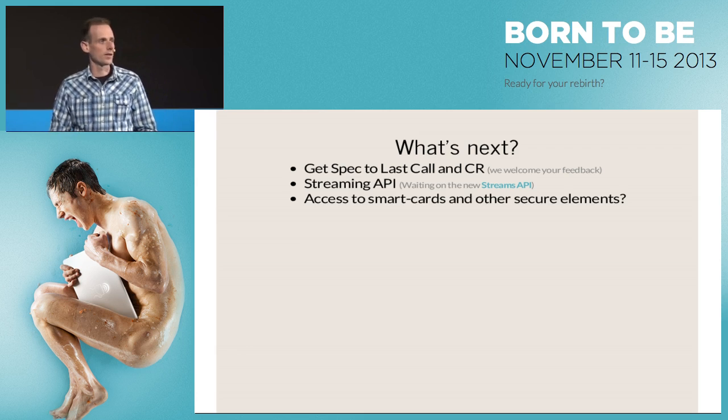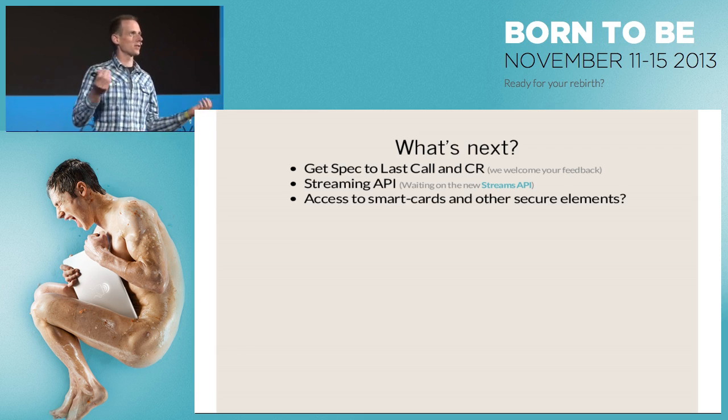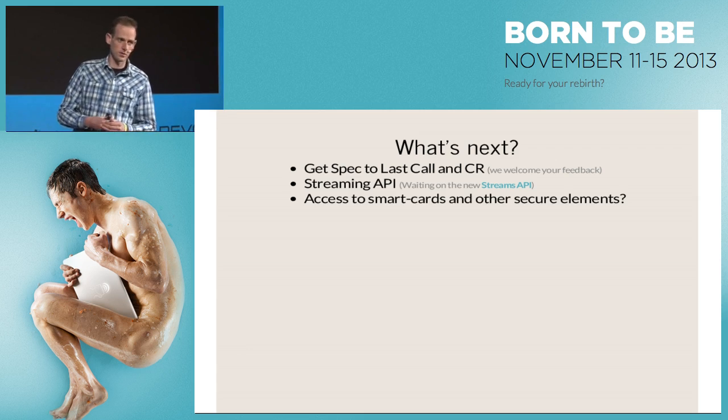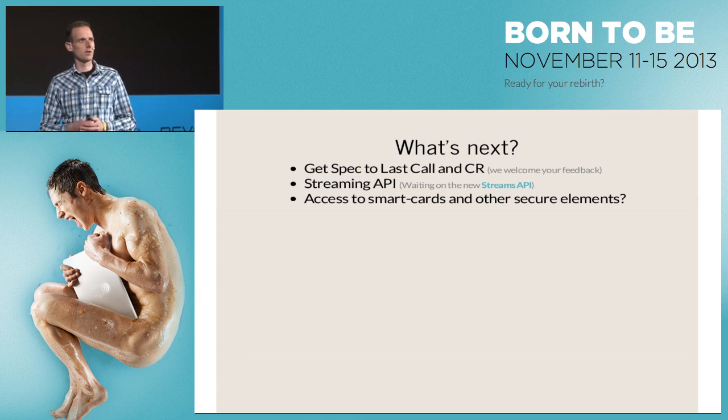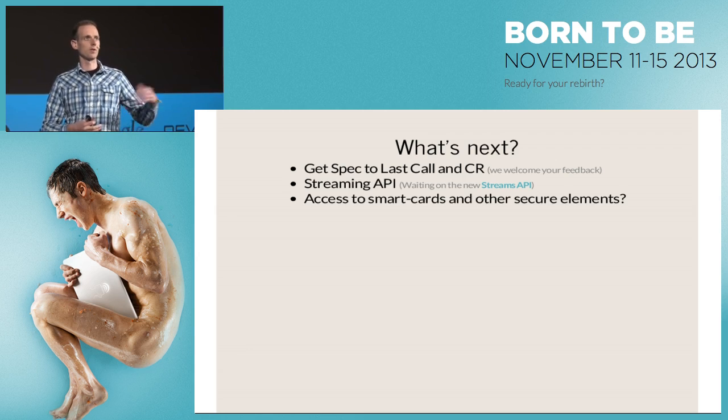So yeah, as the questions show you, it's only the first version of the API that we wanted to get out really fast and get implemented by all the browsers.